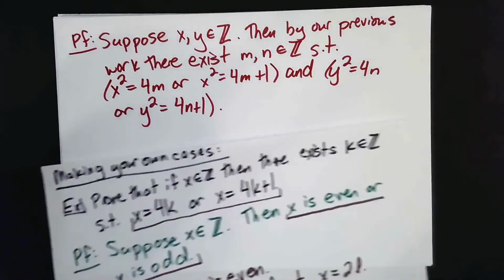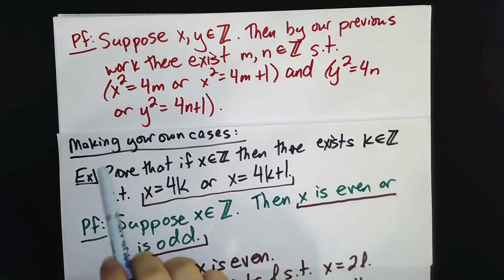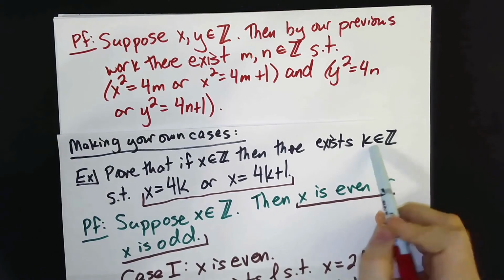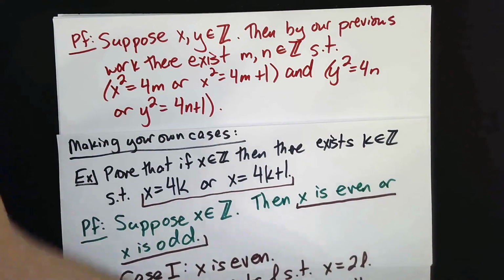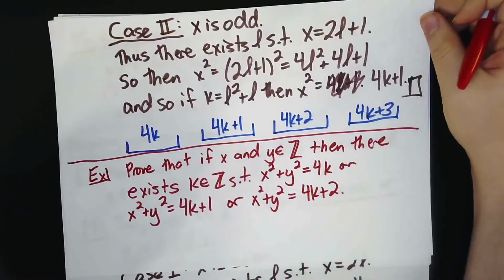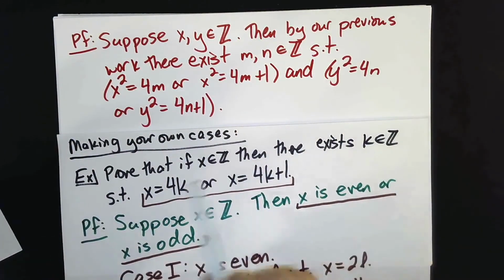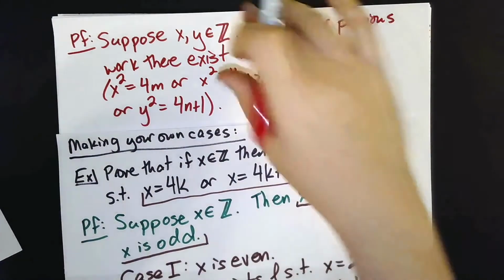All I've done here is to apply this result that we just proved, but I didn't use k because there's a k in the result I'm trying to prove, so I saved that letter for later. And so I used m and n, but I can apply this result equally well to x squared and y squared, so I did both.